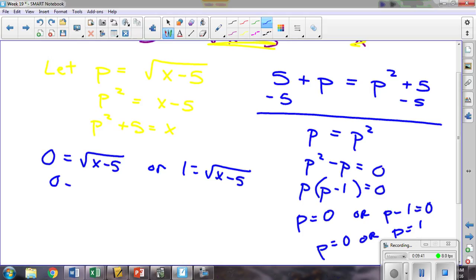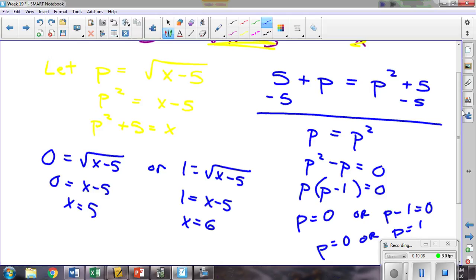Well, this tells us 0 is equal to x minus 5, so x equals 5 is one potential solution. This would tell us 1 is equal to x minus 5. Squaring both sides, 1 squared is still 1, which tells us x is equal to 6 for a potential solution.